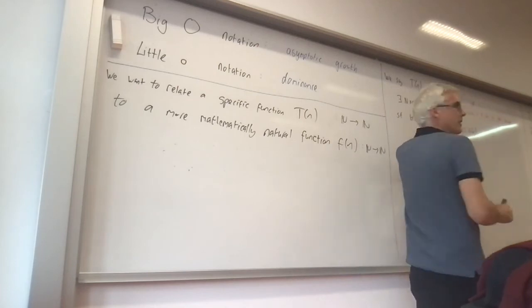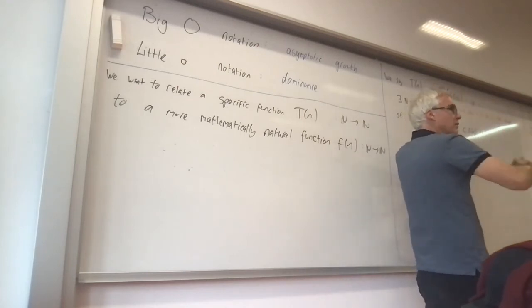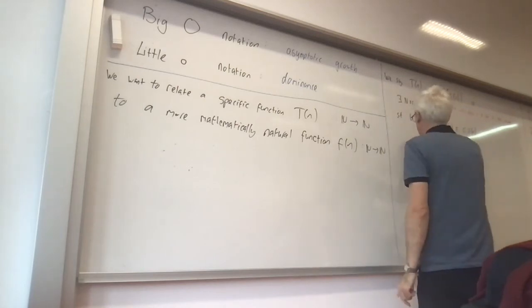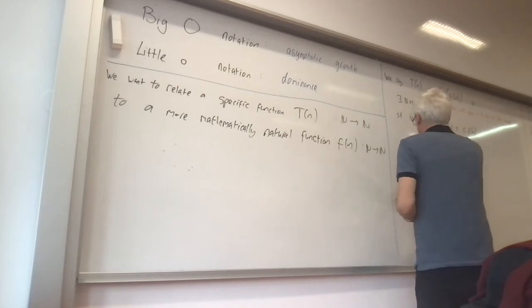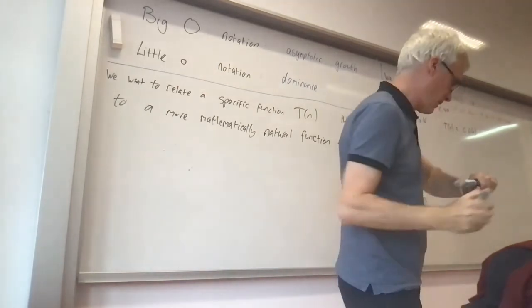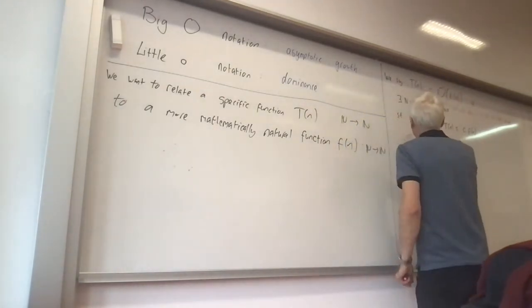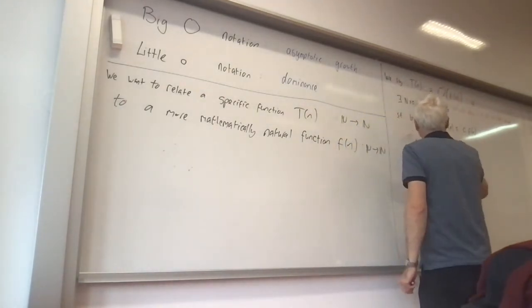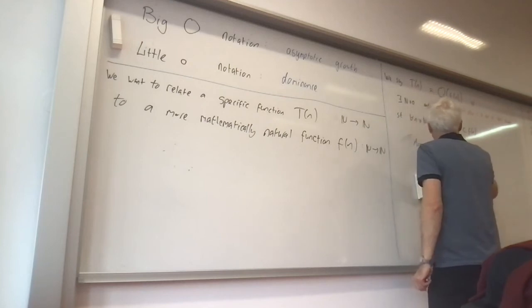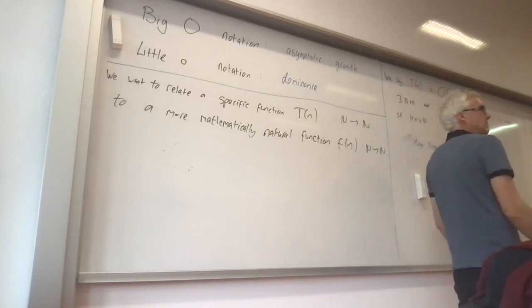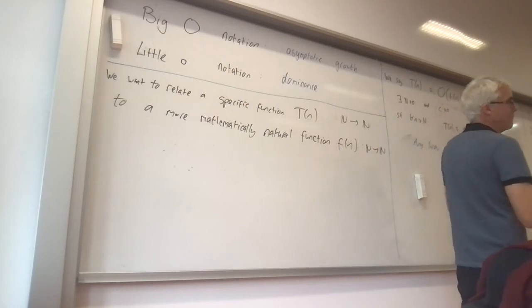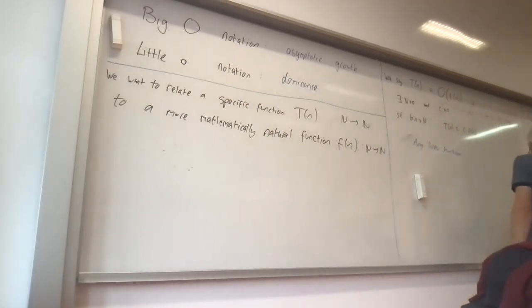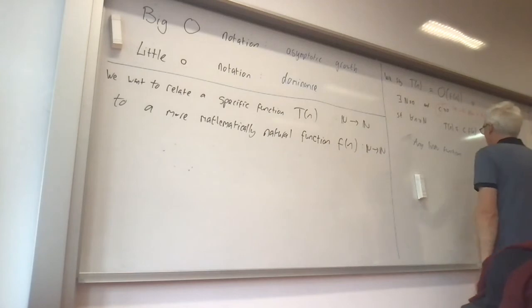And the nice thing about this notation is it kind of grades functions into a hierarchy. The exercise class is going to be about this notation. But any linear function, so a linear function will be ax plus b for some coefficients a and b.